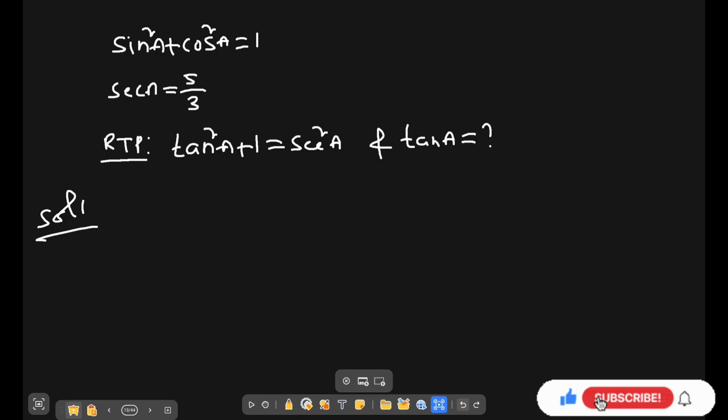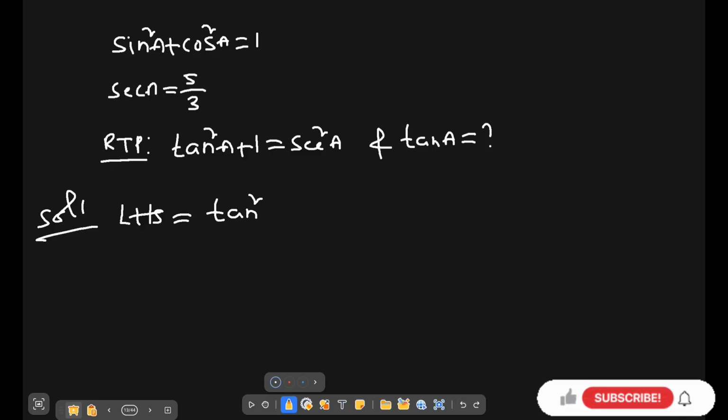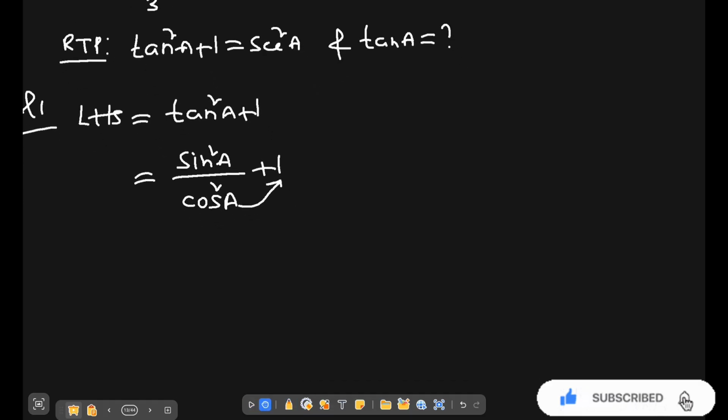So let's take the LHS, the left hand side of what is required to prove: tan square a plus 1. Tan square a can be written as sin square a by cos square a, because tan a can be written as sin a by cos a, plus 1. Now let's multiply 1 and cos square a. So what do we get?